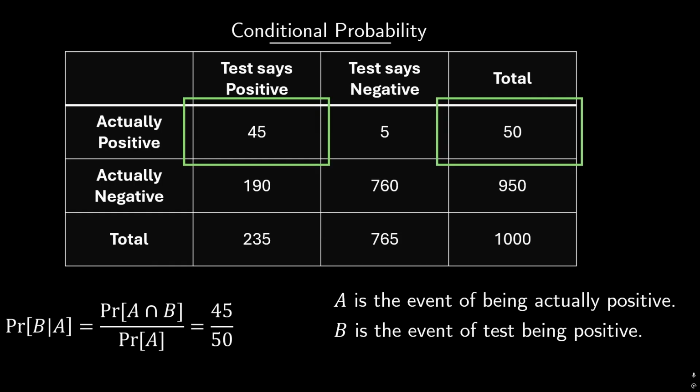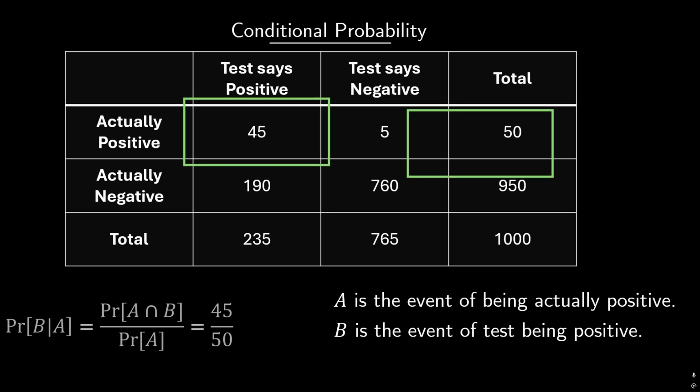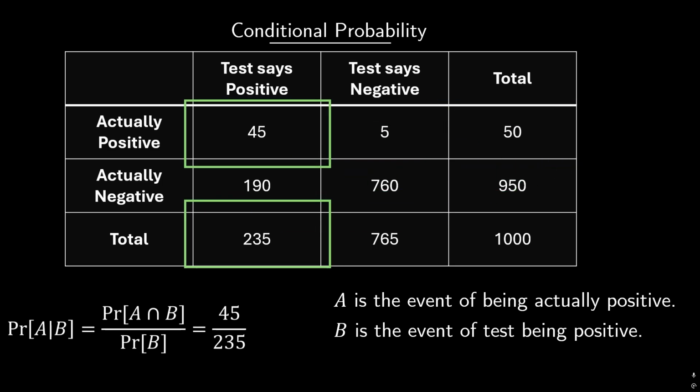so this is just 45 divided by 50, right? Very similarly, we could have asked something like, let's say we know for a fact that the test said positive, and we want to ask ourselves, what is the probability that the person is actually positive? Then we now have to instead divide by 235 people who we know are the ones that the test said positive to. And the number of people who are actually positive happens to be 45.